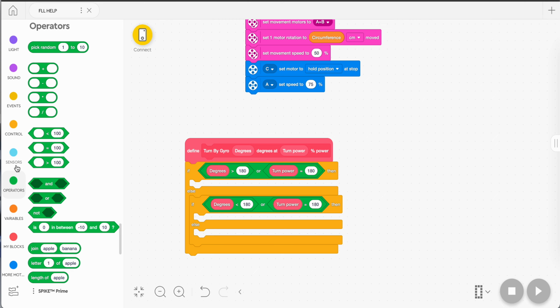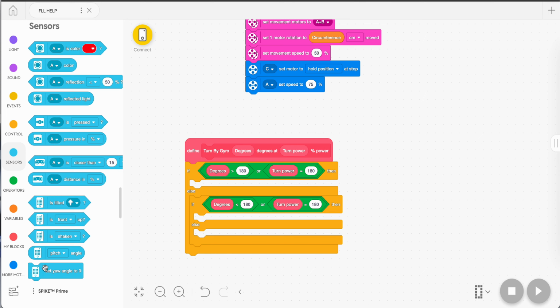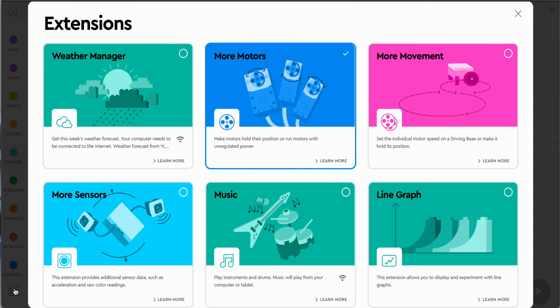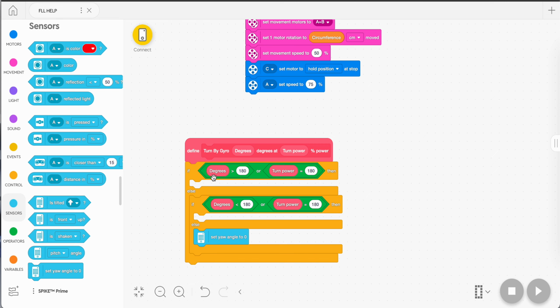First, go into sensors, yaw angle equals 0, and put it under else. Then go into more extensions and grab more movement and go into there.